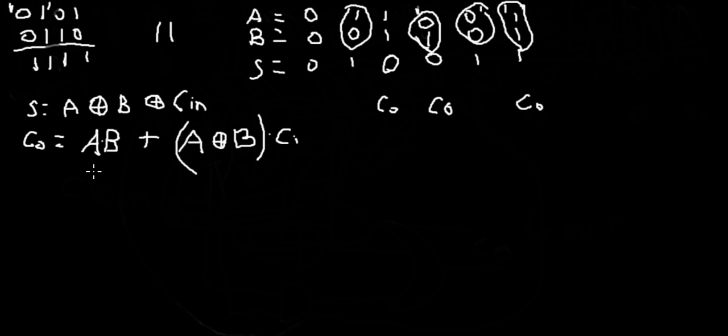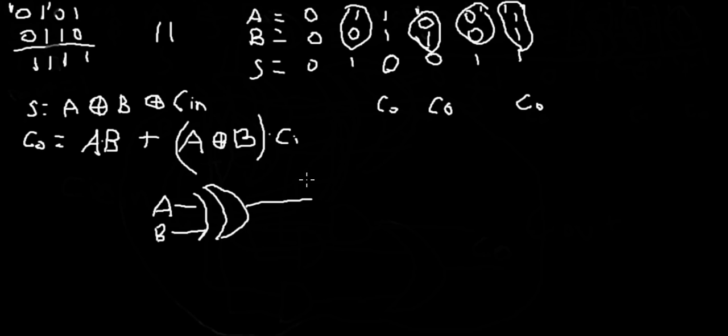Well, we know what an AND gate is. We know what an OR gate is. We know what an XOR gate is. This is another AND gate. So let's draw all this stuff. We have A and B, and we need to XOR those to make the sum.